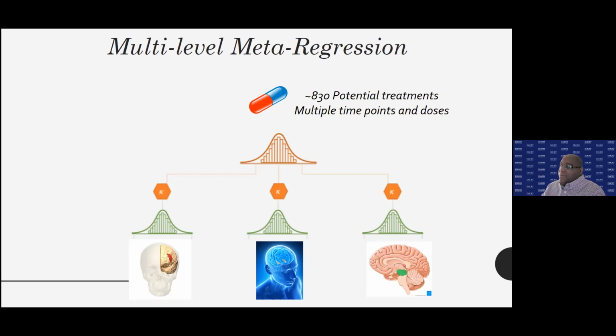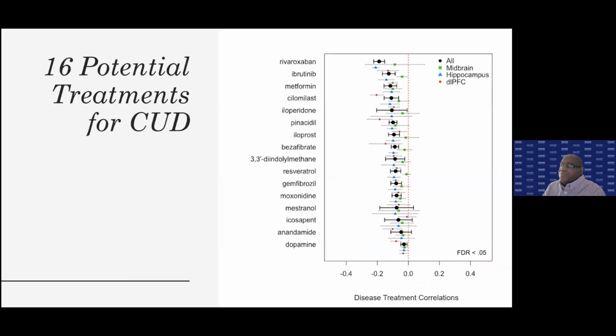We end up with a flexible, powerful, and interpretable framework, from which we can find treatments based on RNA associations, benchmarked against humans, while also accounting for the different layers of the data. For the drug, we can have different levels of exposure, and depending on the model organism data, we can have different tissues.